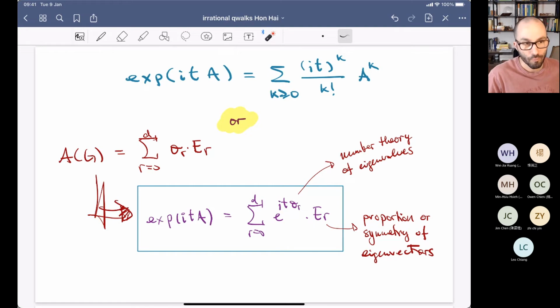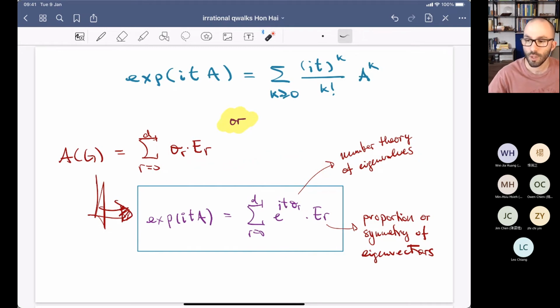and then you're good to go. Even better, you can write your adjacency matrix in terms of its spectral decomposition, which is an eigenvalue and its corresponding eigenprojector. You simply write the adjacency matrix of your graph as a sum of eigenvalues times projectors. And then it's straightforward to realize, by using the spectral theorem, that the exponential of itH is simply going to be the sum of the exponentials of the eigenvalues times i and t, multiplied by the projections.